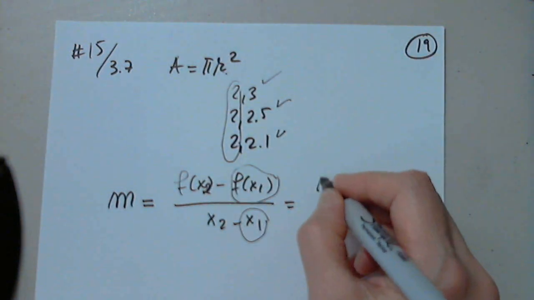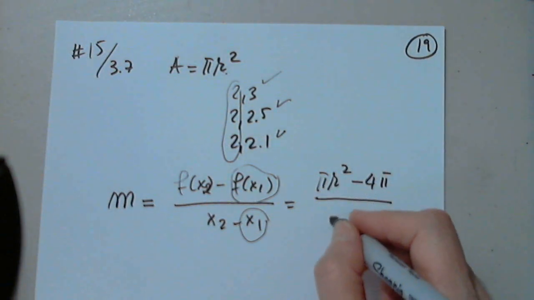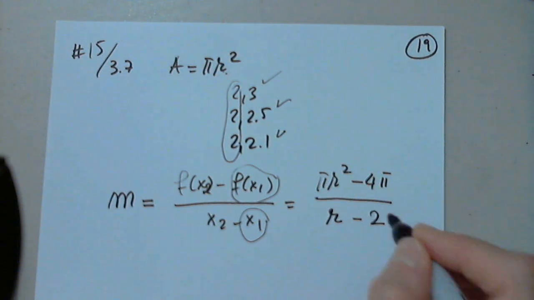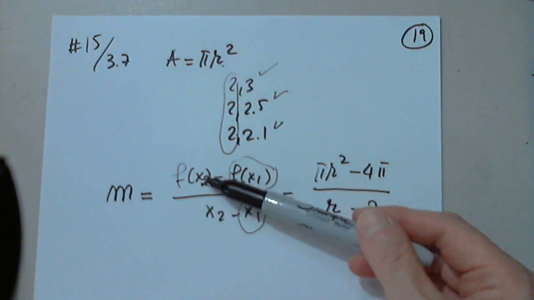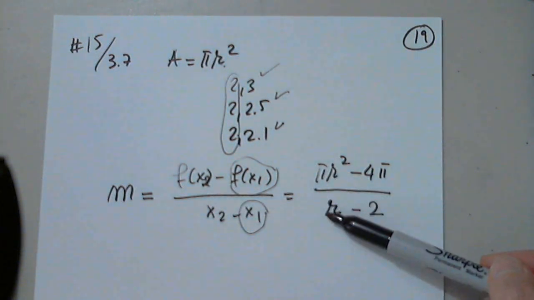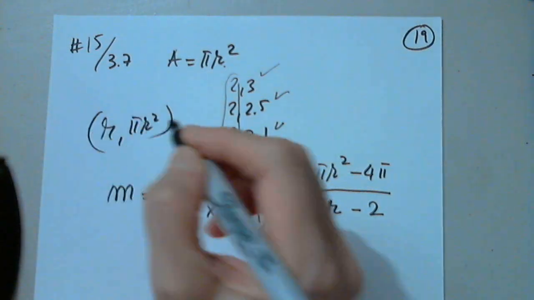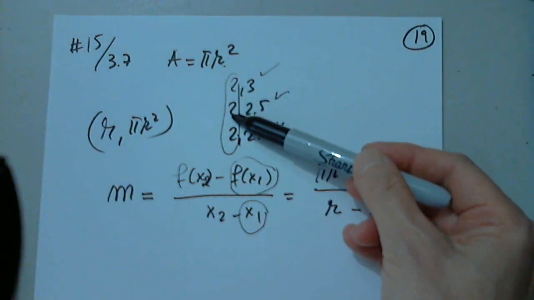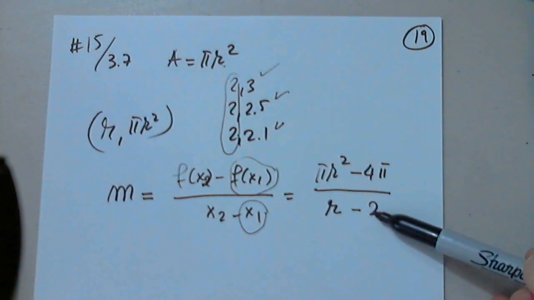Here I have pi r squared minus 4 pi over r minus 2. Because this is the fixed one, I plug in 2, so I have 4 pi.